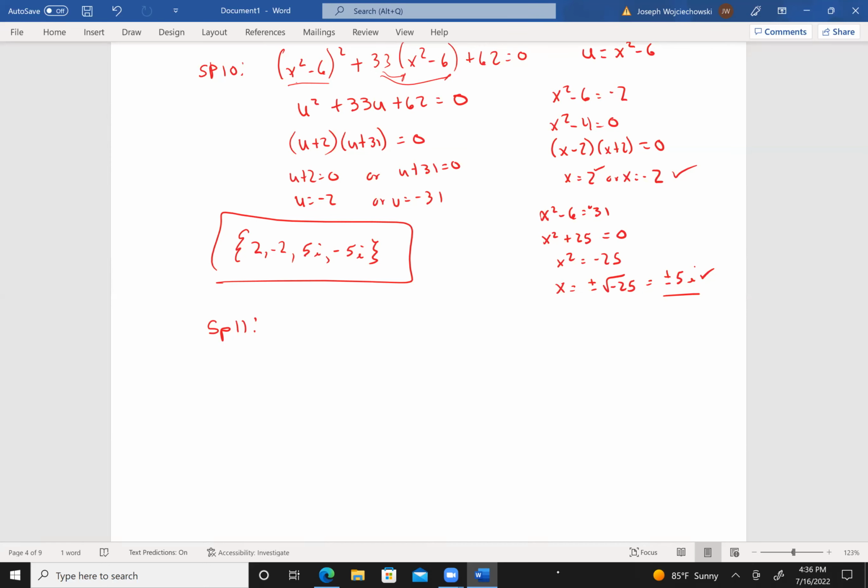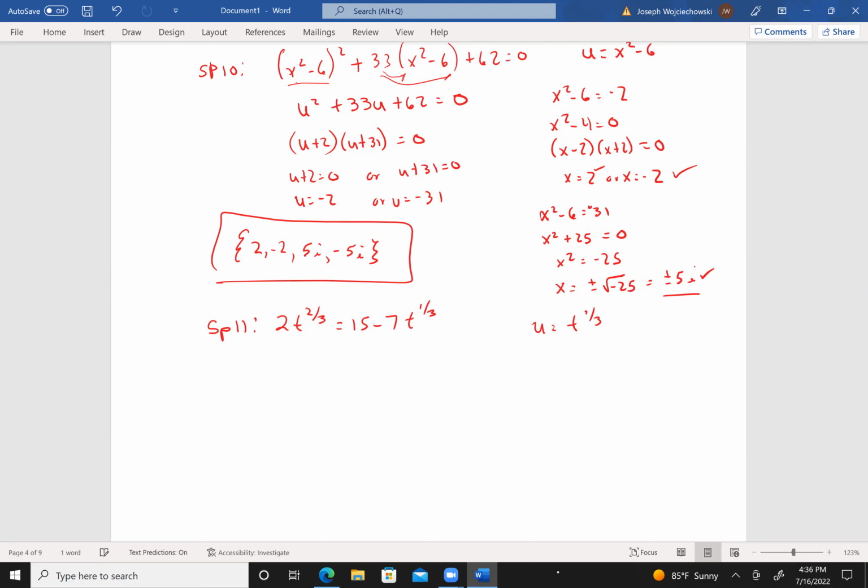So let's look at one more. We have 2t^(2/3) = 15 − 7t^(1/3). So it looks like I can let u equal t^(1/3).